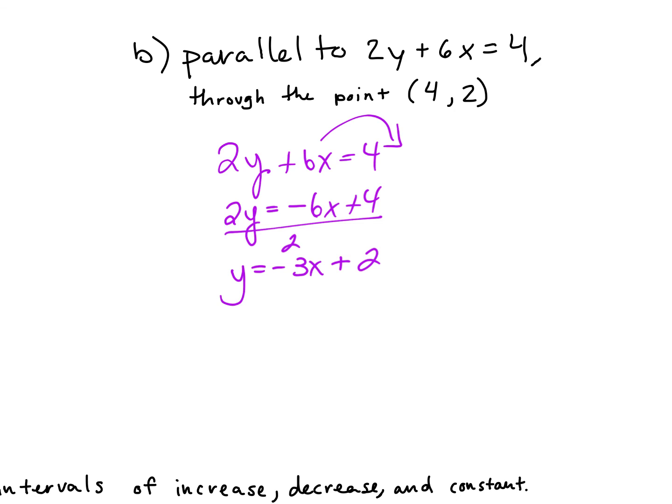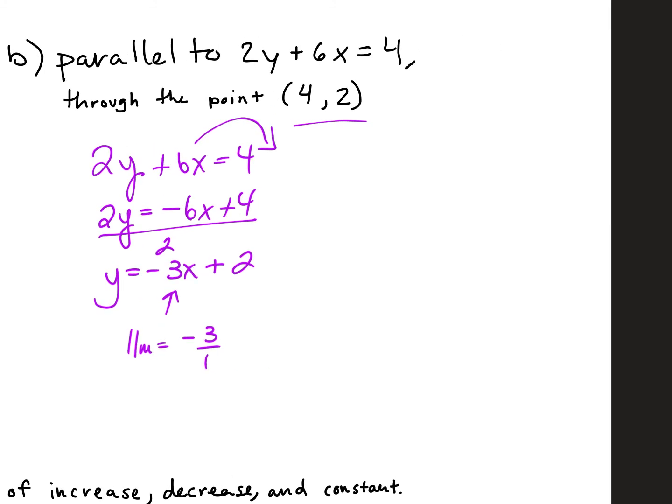So if I'm going to write an equation of a line that is parallel to this one, the parallel slope would be negative 3 over 1, correct? And I have a point. So now I'll just use the point slope form. Let's try it that way. So y minus y1, which is 2, equals negative 3 times x minus 4.